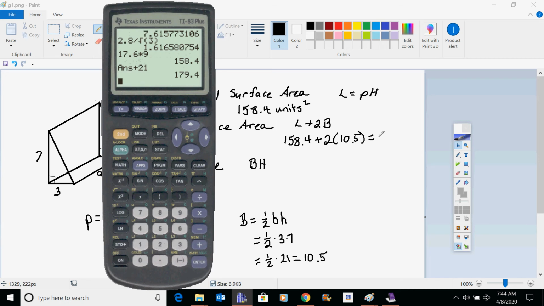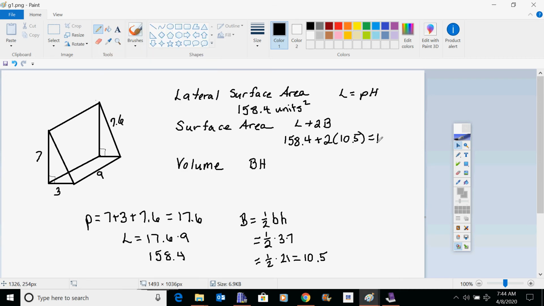So 179.4. And again, that would be in whatever units it is squared. If it had centimeters, it would be centimeters squared. So we have that to think about.